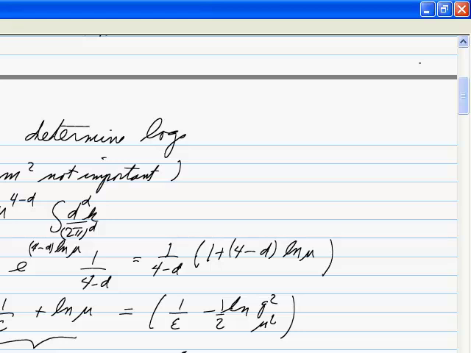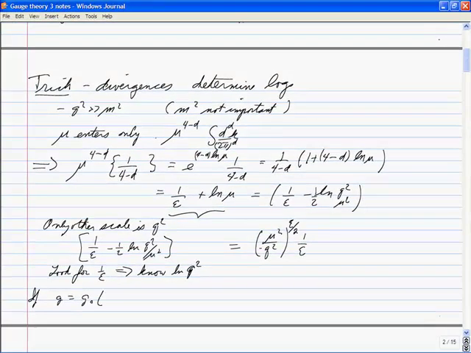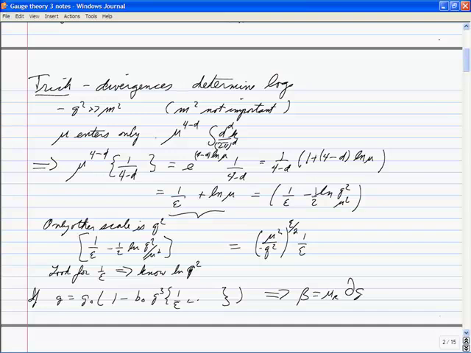That's again, by this trick here, by expanding, is that factor there. So that's how it always occurs. Sort of interesting. So then if G is some G0, 1 minus B0 G cubed, 1 over epsilon plus dot dot dot, when you're doing the renormalization, you automatically know the beta function is mu_R dg/dmu_R equals B0 G cubed.